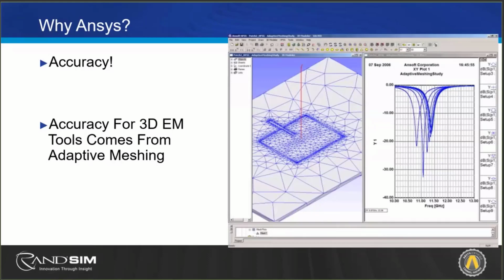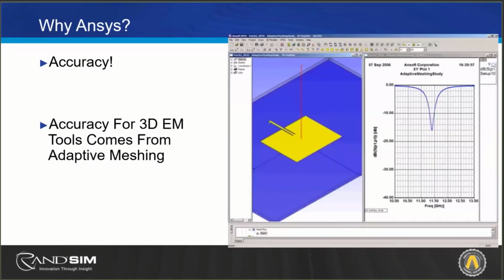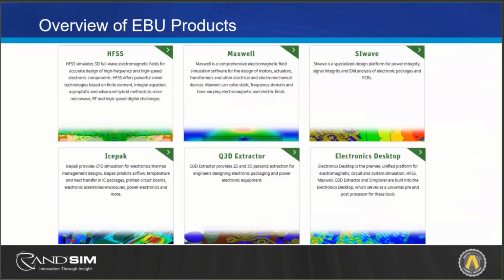So with that being said, moving forward here, here's really the overview of the EBU products, that being the electronics business units. So HFSS is your high frequency tool, which is your 3D, so antenna design, 3D board layouts, signal and power integrity.